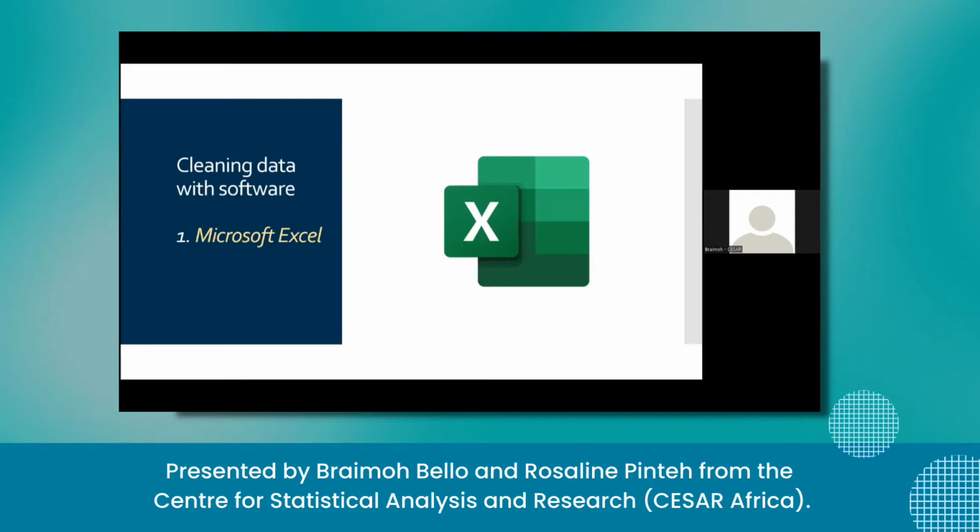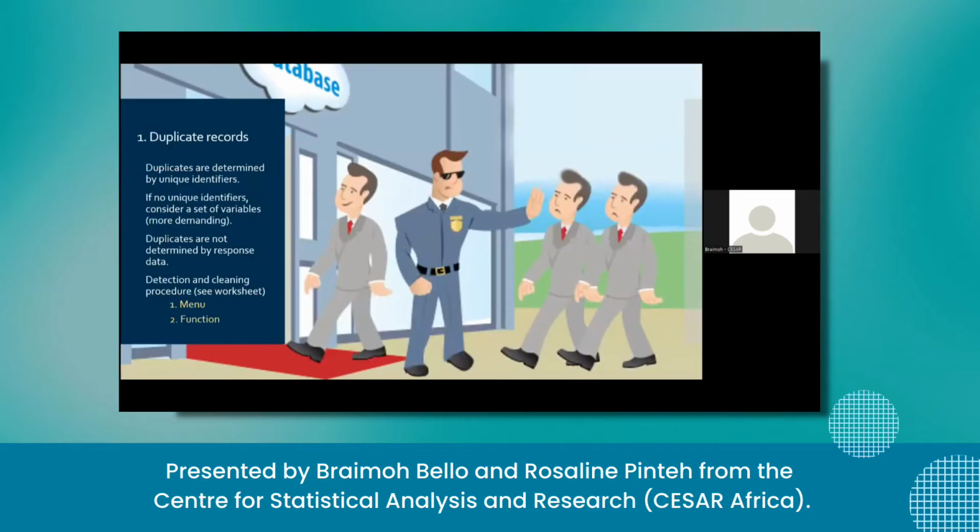Now, let's go into data cleaning with software. Remember, I said I was going to focus on Excel. So let's start with Excel. The first type of data error is duplicates. How do you identify whether a data set has duplicates?